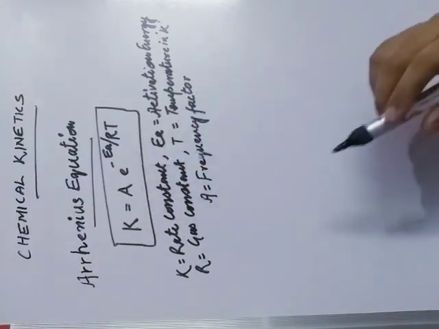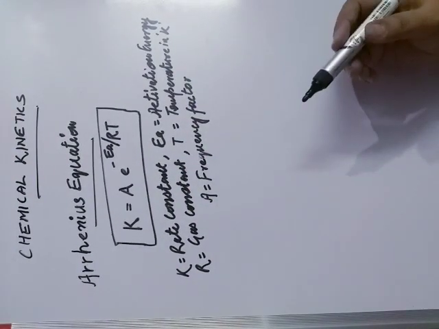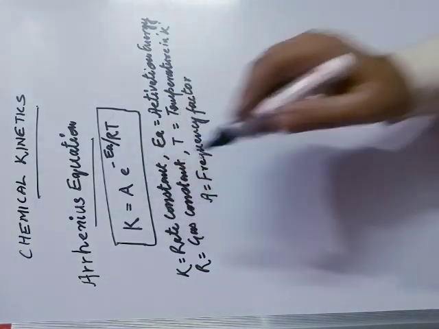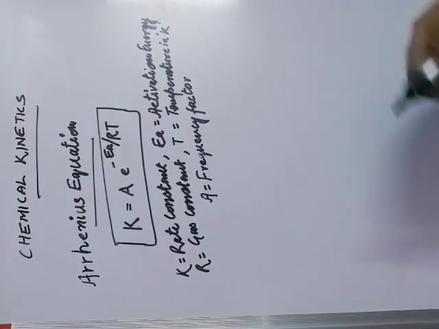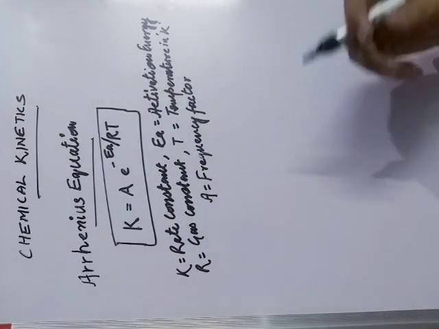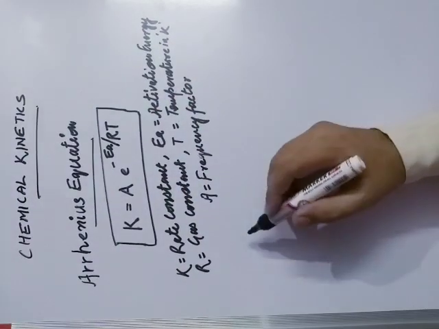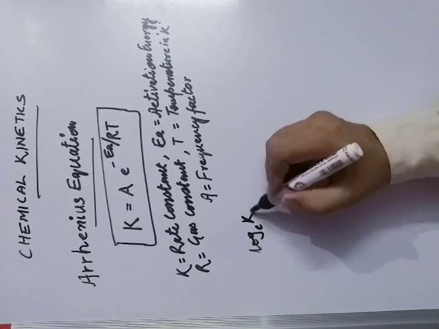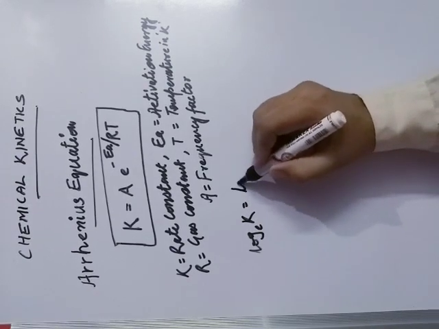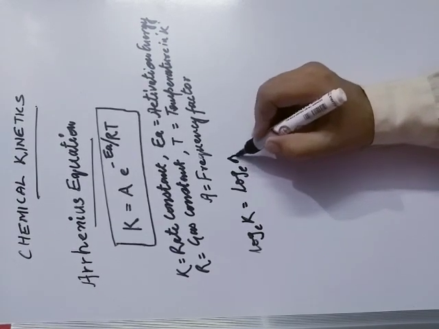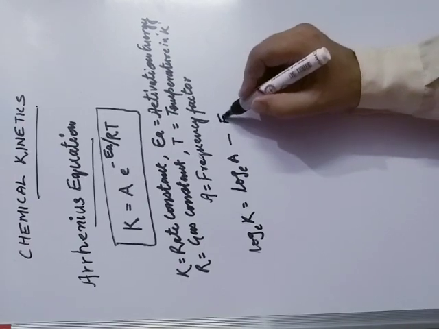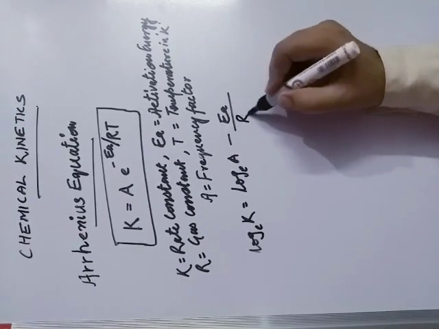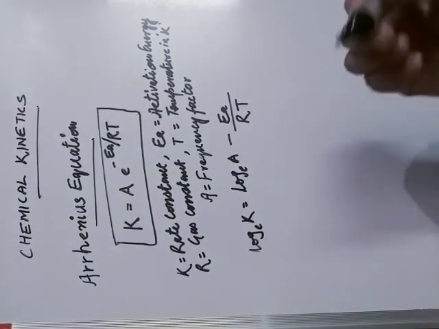Generally this equation, the Arrhenius equation, is directly asked in short questions, but if you take the log form of this, log base e K is equal to log base e A minus EA upon RT.